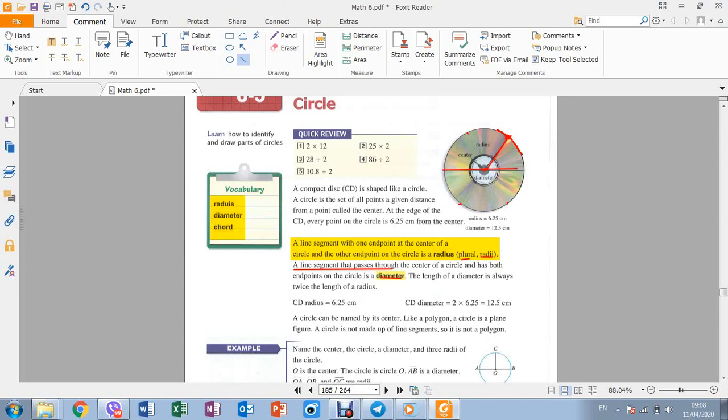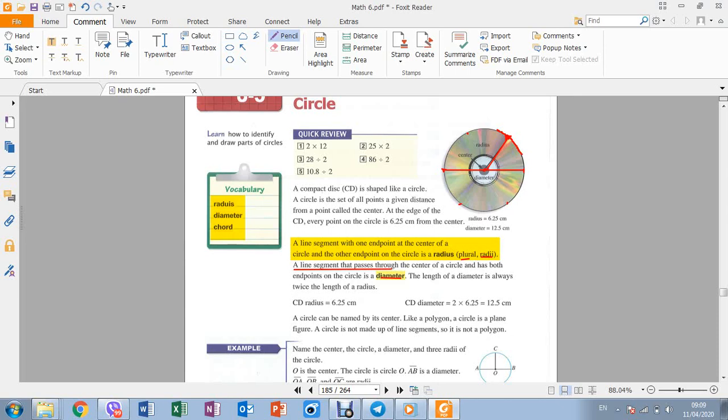It passes through the center, from one edge to the other edge, from one side of the circle to the other side of the circle.